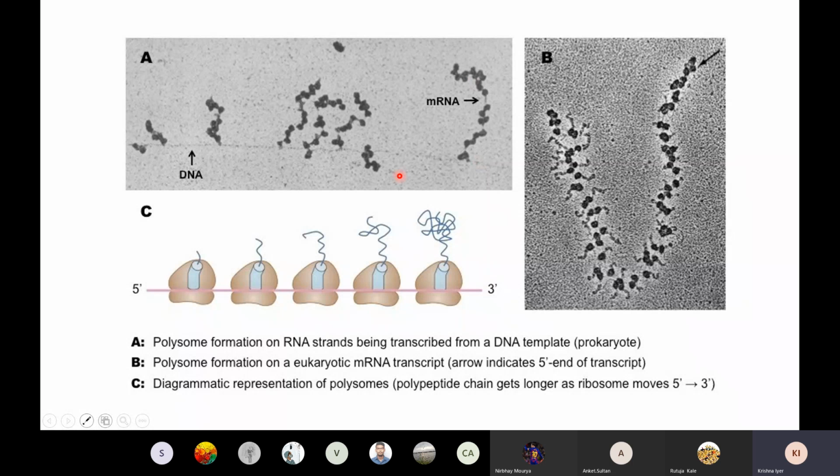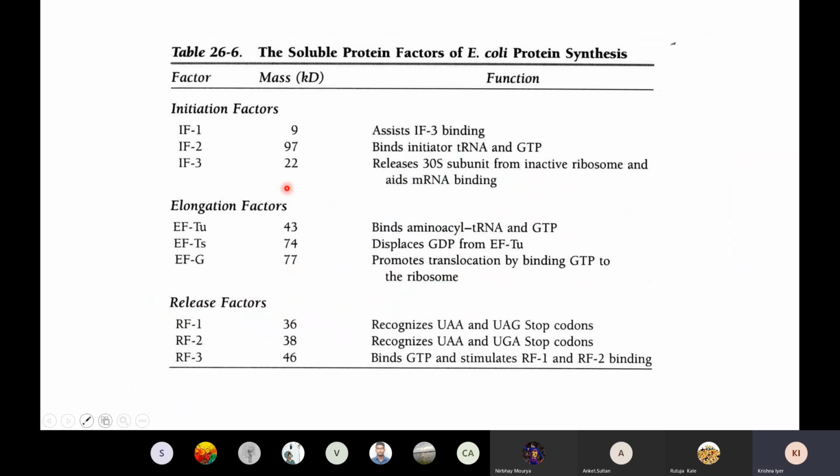So, to summarize, look at this. In E. coli protein synthesis, these are the initiation factors, these are the elongation factors, and these are the release factors. The difference is that relative to E. coli, in eukaryotes the number of initiation factors, elongation factors, and release factors is greater.